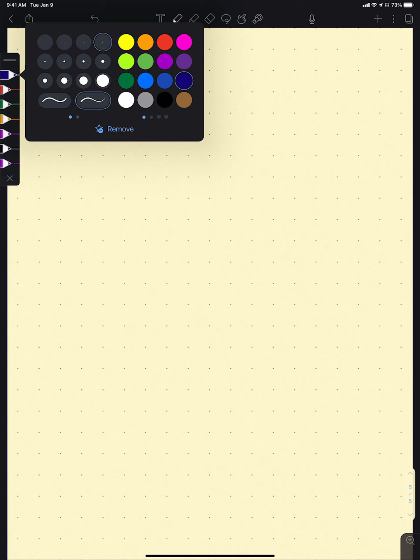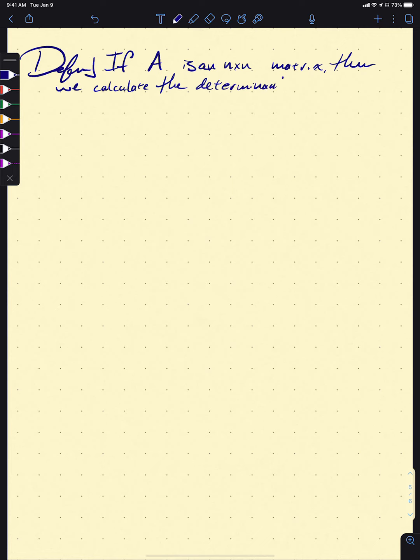Okay, so let's write down a definition. Okay, so if we have A is an n by n matrix, right, so some nice square matrix, then we calculate the determinant of A with, and I'll just write DET here.